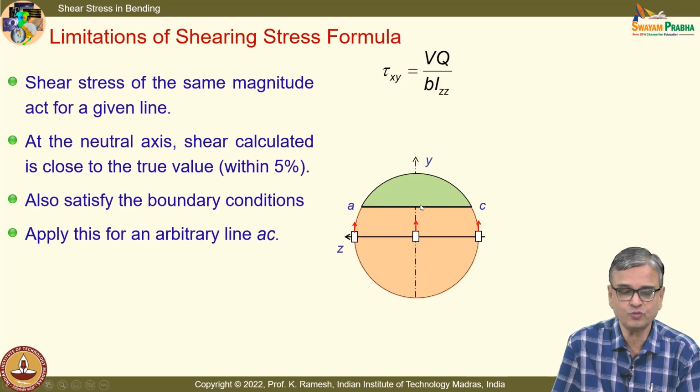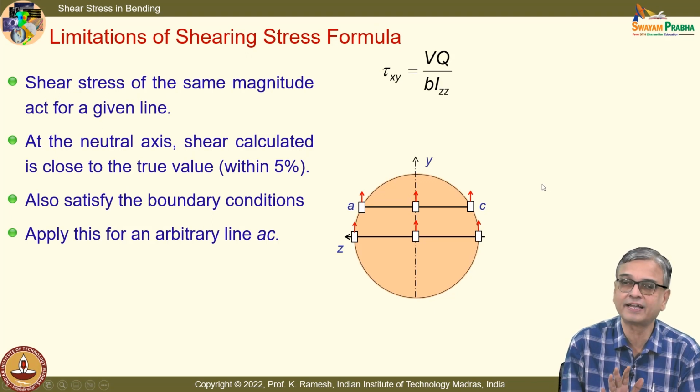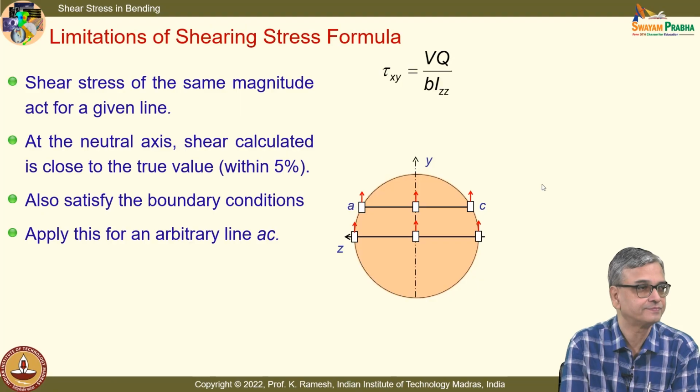For me to get the Q, I have to calculate the first moment of area of this green portion, and then this expression gives me only the components like this. Do you find any contradiction at this stage?